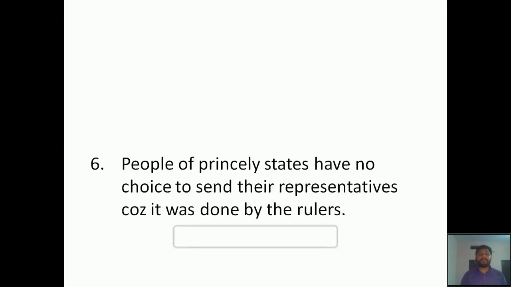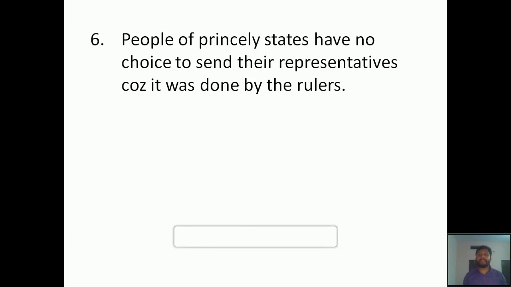The sixth one says that people of princely states have no choice to send their representatives because it was done by the rulers. As you know, the Indian national movement was a mass movement where participation of the people was the most important factor. Here just imagine what happens in the case of princely states.